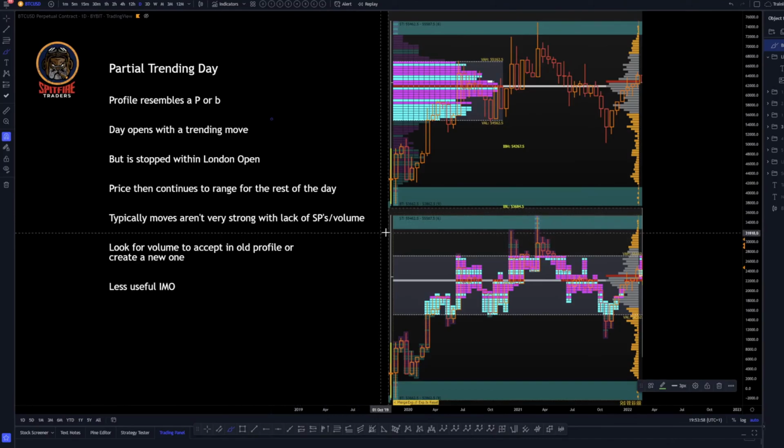This is what I mentioned a second ago, sorry, I lost track of thought there. Obviously, the moves aren't typically that strong, and you can see in this move, looking at the volume profile, there's not a load of volume in this. And if we could see this in real time, we'd also be watching open interest, delta and volume.